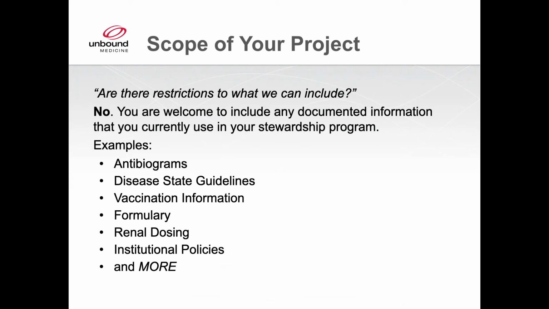No. You're welcome to include any documented information that you currently use in your stewardship program. We just showed a few common ideas, like antibiograms and guidelines. We have other clients that use this resource to publish vaccination information, drug formularies, and renal dosing guides. There really is no limit.